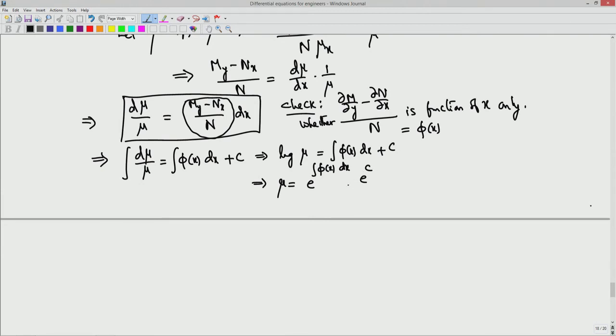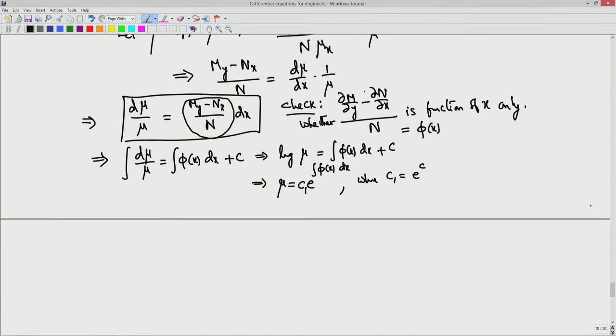If c is an arbitrary constant, e power c is also an arbitrary constant, so I say some arbitrary constant c1, where c1 is e power c.